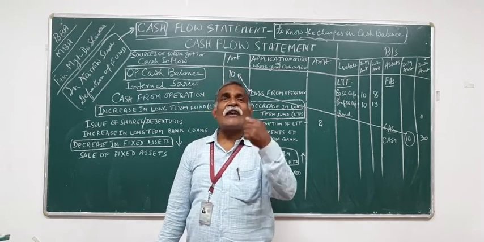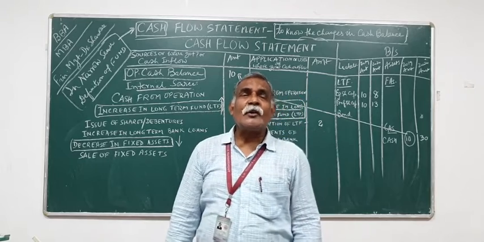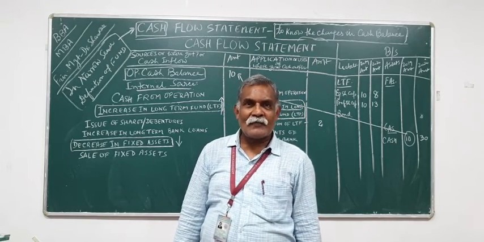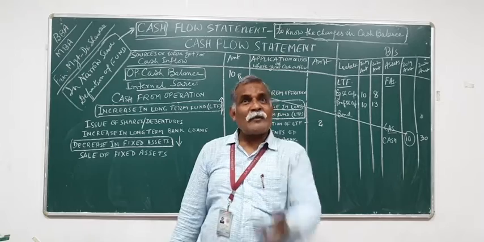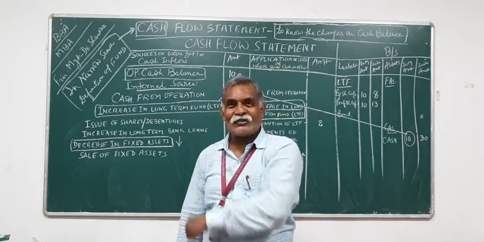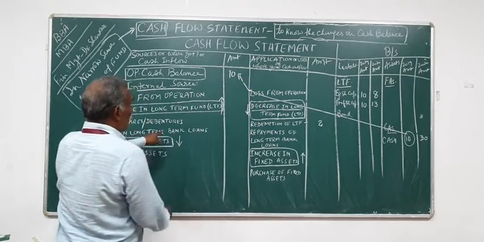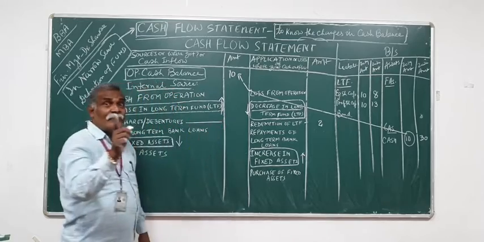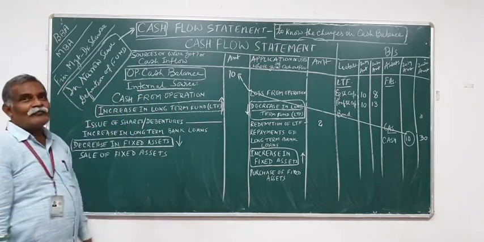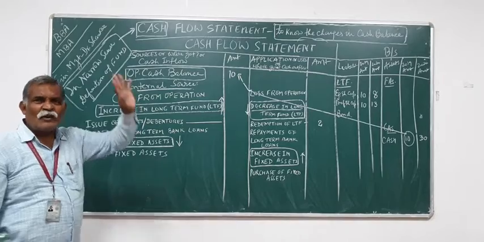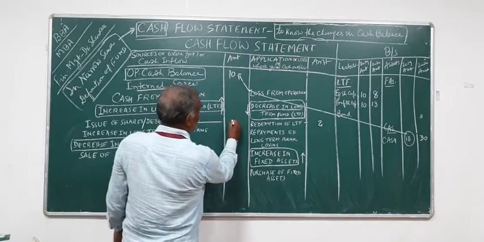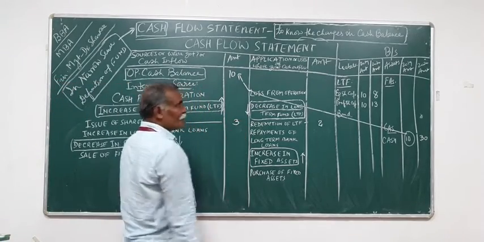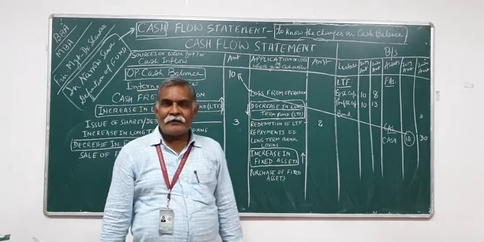So we have issued the shares of 3 rupees, we will get 3 rupees from the investor. So it becomes source. So in this case, don't write increase, write issue of shares, debentures, whatever. That is how much? Suppose 3 rupees. Is that clear?